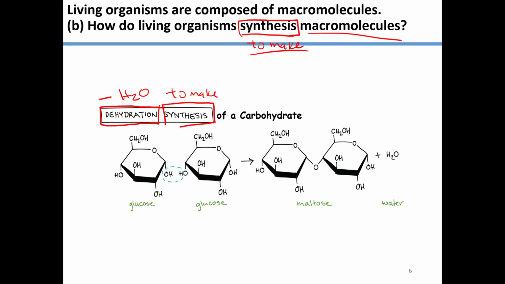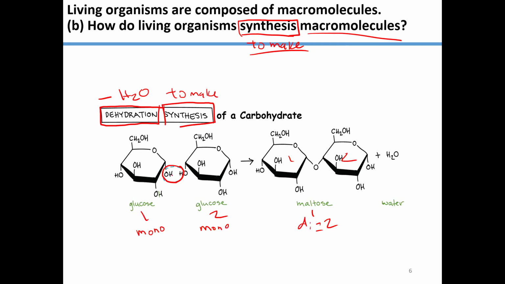In this case, you can see we're using the exact same example. We have 2 glucoses. Remember, glucose is going to be our monomer, and we're trying to produce one piece of maltose, which again, we have 2 monomers coming together to make a disaccharide. Remember, disaccharide is 2. So what's happening here is we're taking this piece out.